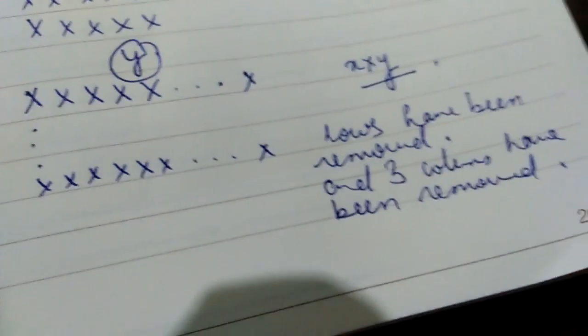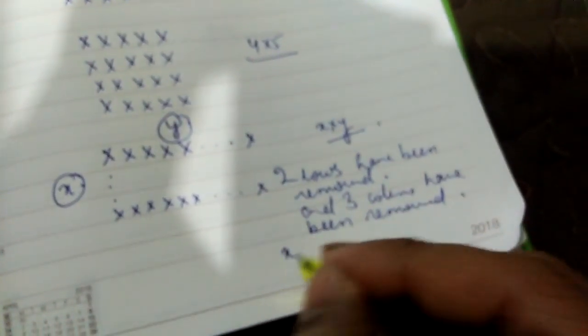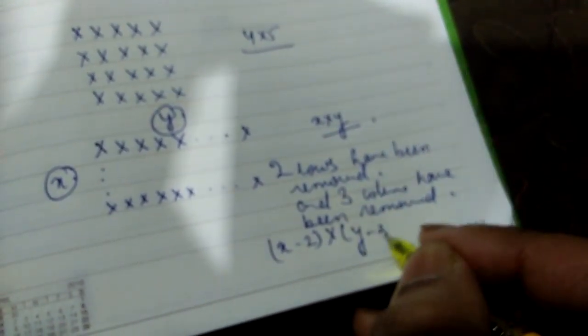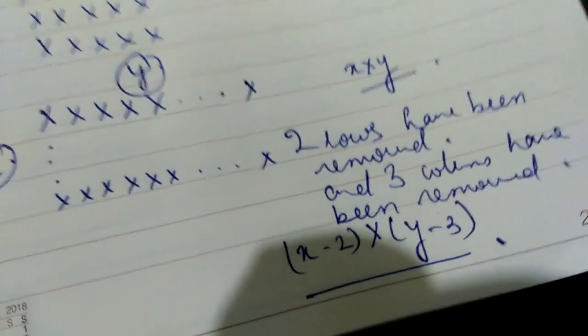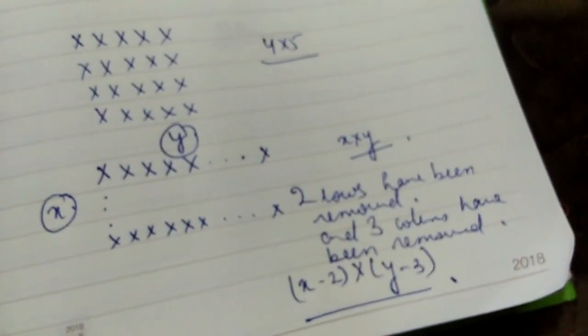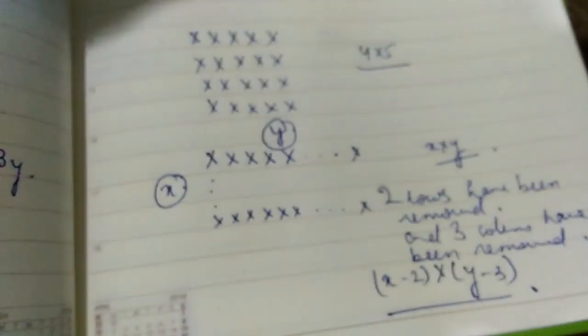Because 2 rows and 3 columns have been removed, the new expression will become x minus 2 into y minus 3. Okay, so this is going to be the answer this time around. This is how the multiplication of algebraic expressions will work. So this is simple. Now there are a lot of questions that can be discussed on the basis of this, which we will be doing next.